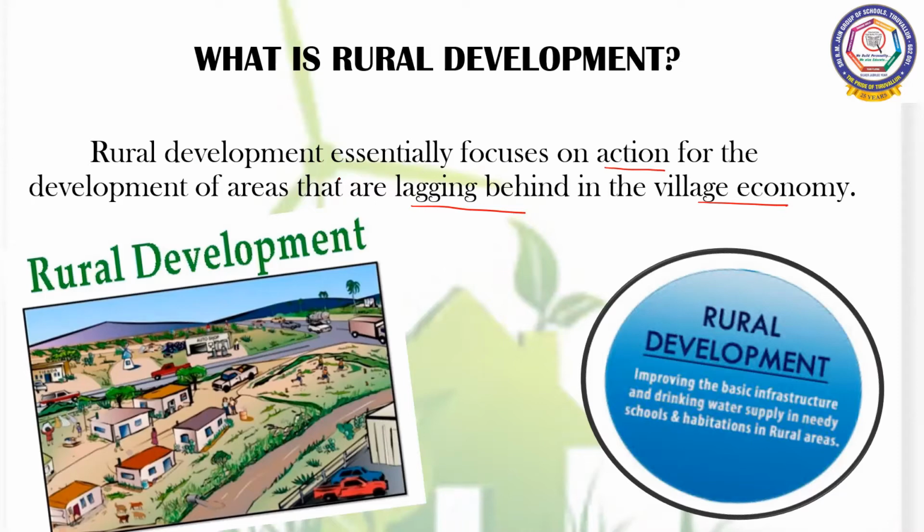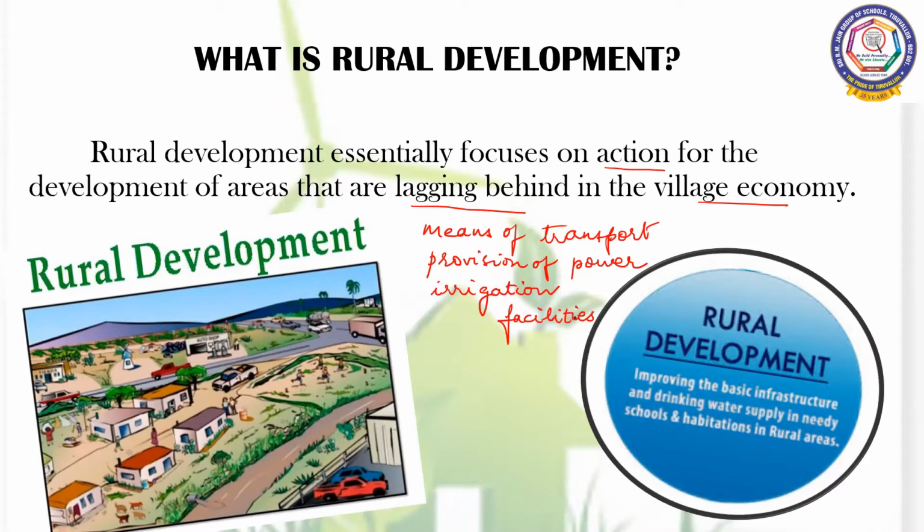A few areas that are lagging behind are means of transport like roadways, railways, waterways, then provision of power, irrigation facilities, water supply, sanitation, educational facilities, etc.